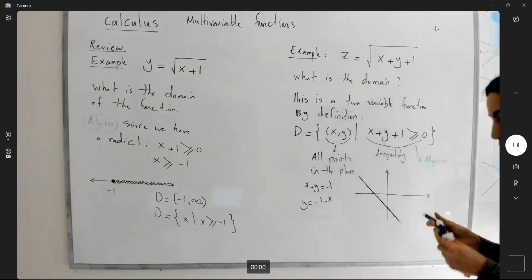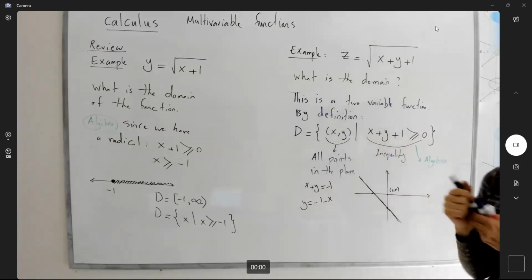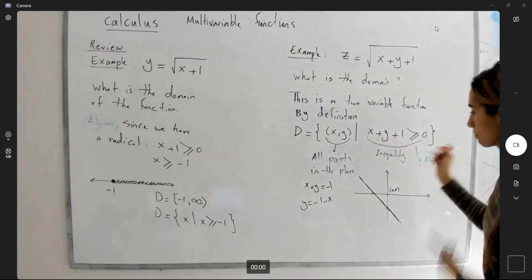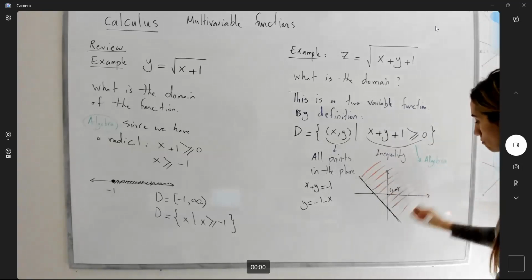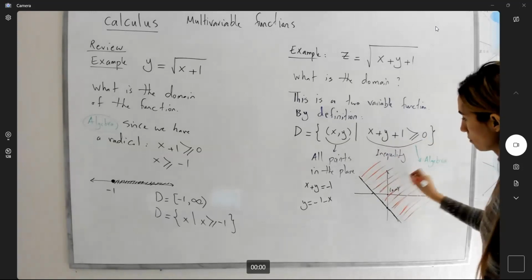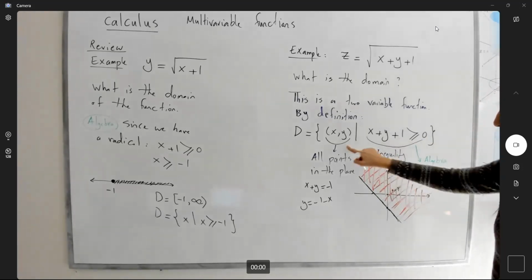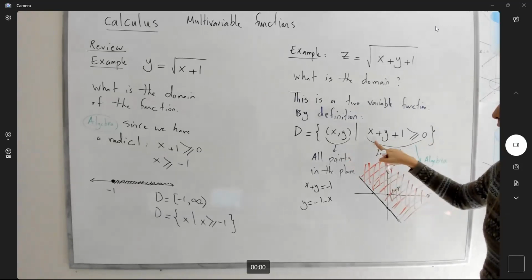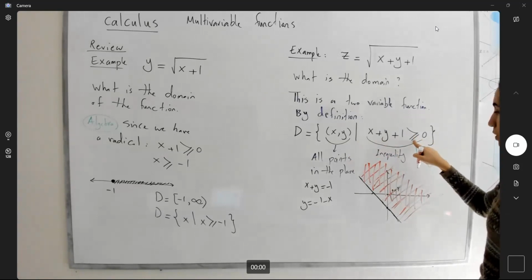Since it includes the origin, you shade the top of the line. These are all the points where x plus y plus 1 is larger than or equal to 0.